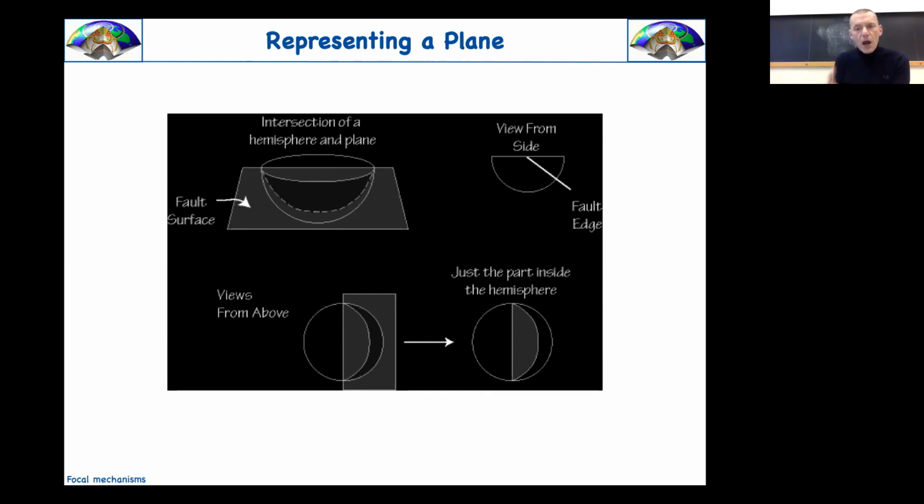Let's imagine for now that it is emerging at the surface. And now we take the lower part of the sphere and we look at it from the top. It's a convention. We could also imagine taking the upper part. But for seismology, what's quite intuitive is to take the lower part.